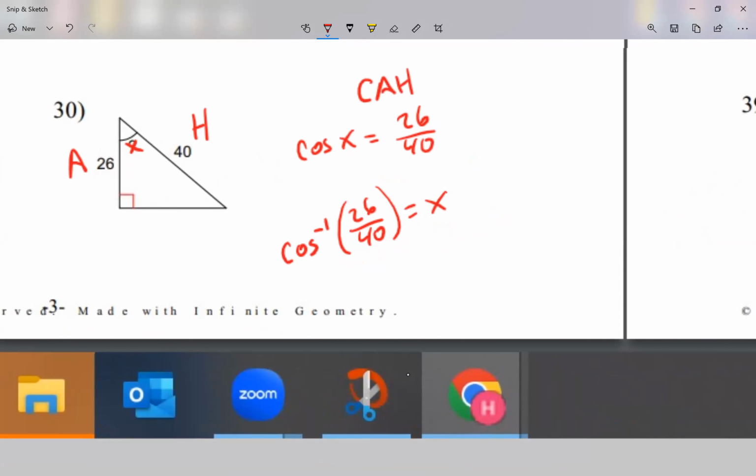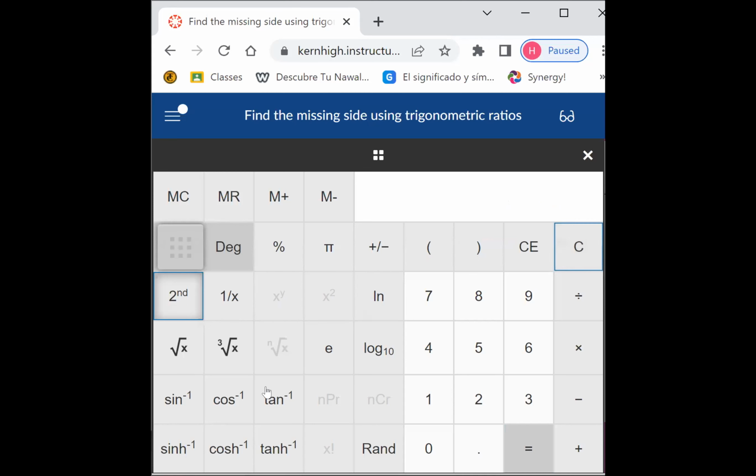Okay, so let me type this in. Let me grab my calculator out. Cosine inverse of 26 divided by 40, 49.4. Okay, so I'm going to round that to just 49.